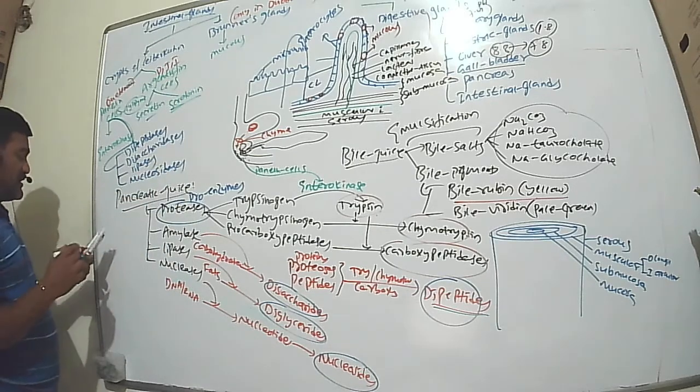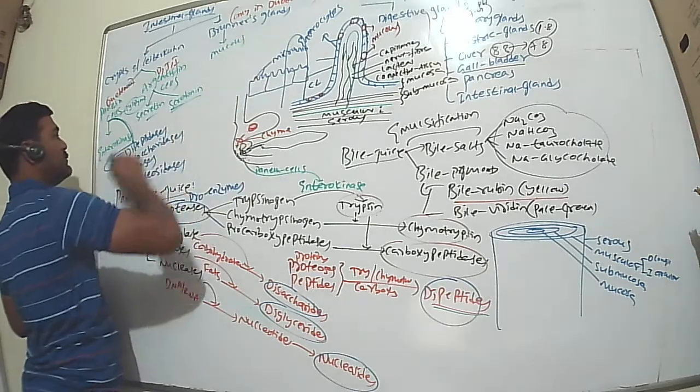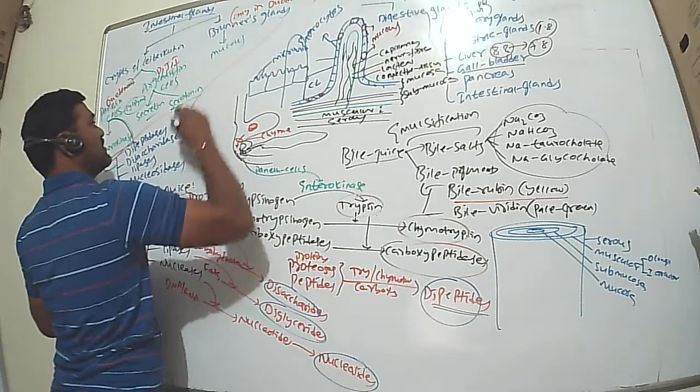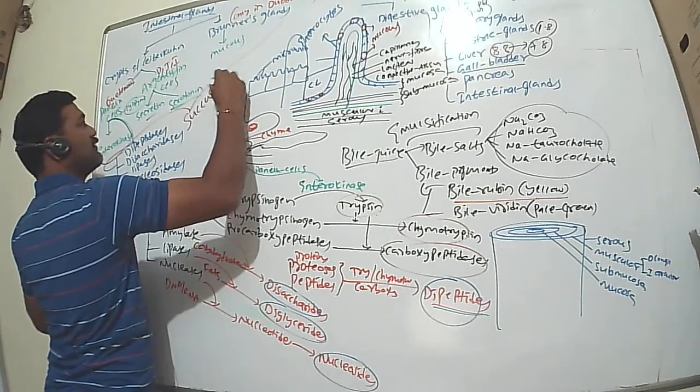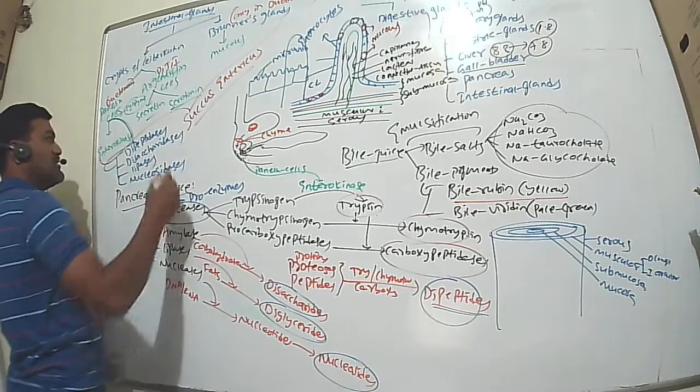And finally, the last important point, the complete mixture of all these things is called succus entericus. Succus entericus is also called intestinal juice.